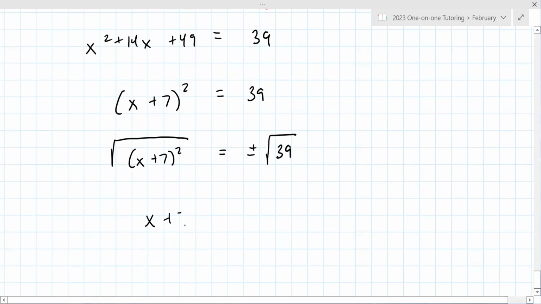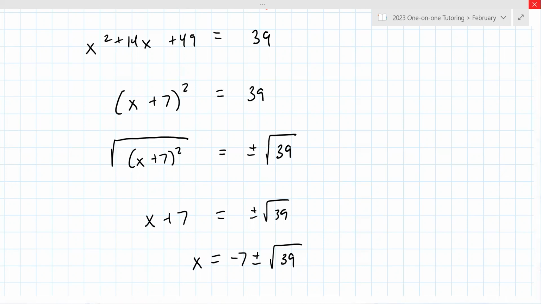Okay, so I got x equals 7 plus or minus square root of 39. Does it look like what I've written down? Okay, perfect. That's really good. That is super good here.